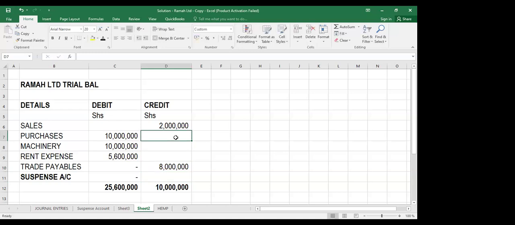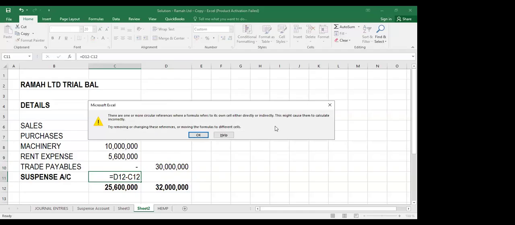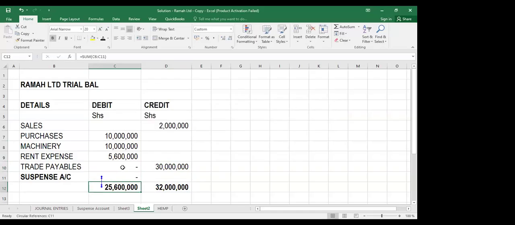You may have, let me increase your payables total, maybe by 30 million. So you have 32 million here, you have 25.6, and here you have a difference between these two.